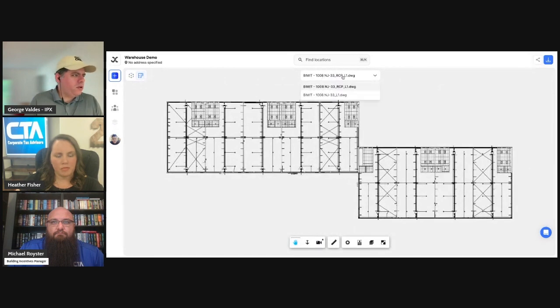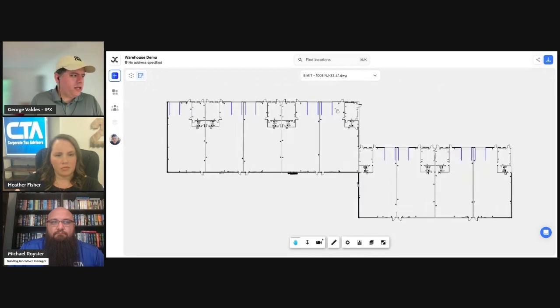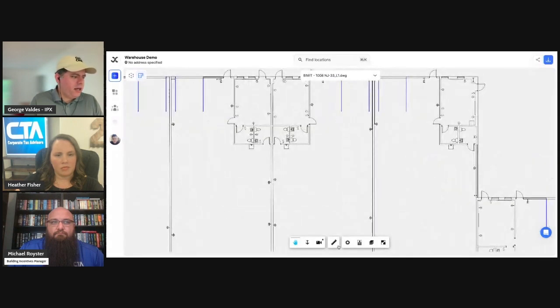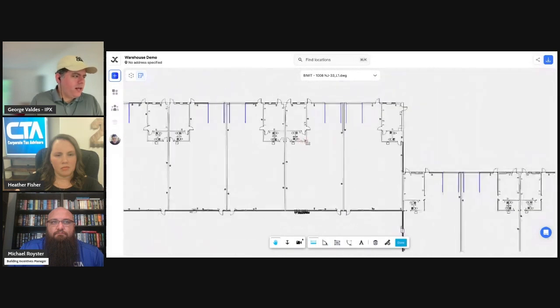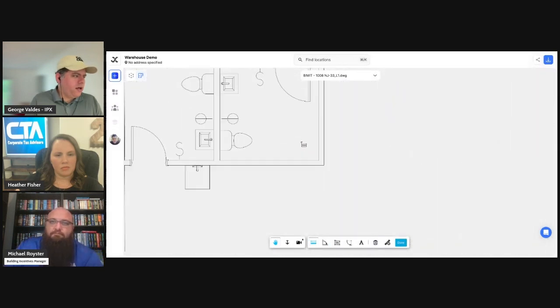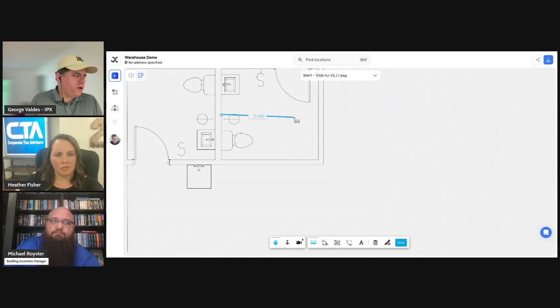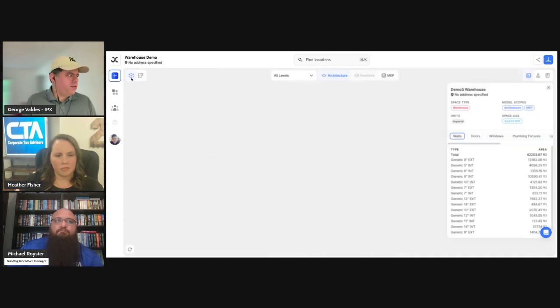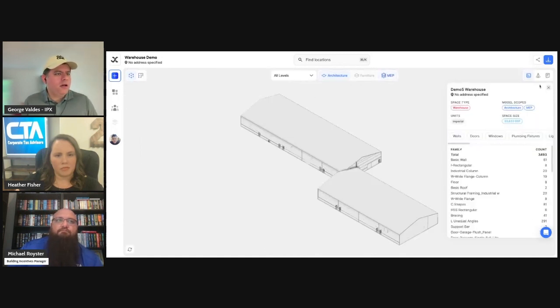So we include not only the reflected ceiling plan, but also the actual plan itself. And we have tools down here that allow you to quickly take some measurements between different elements inside the model. Going to move back to this view.